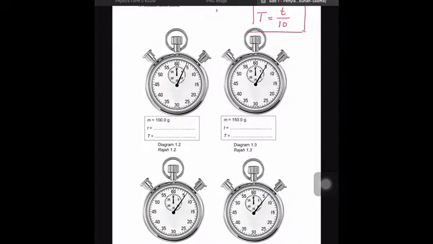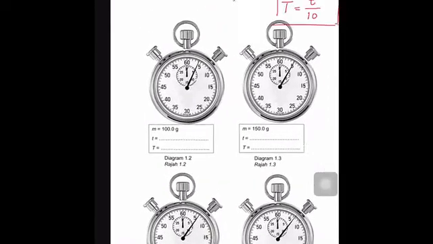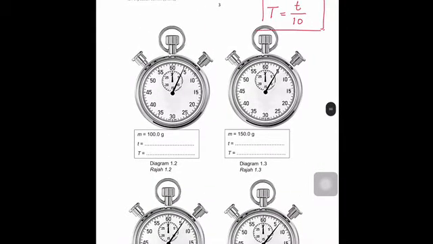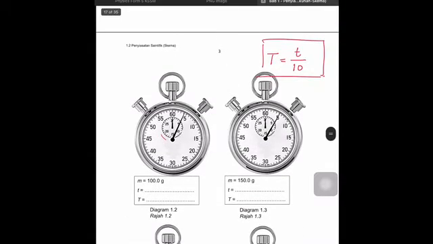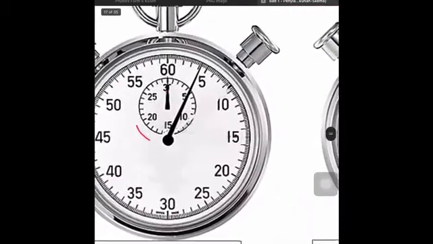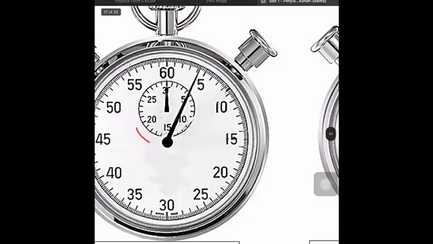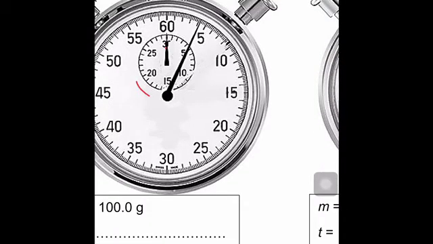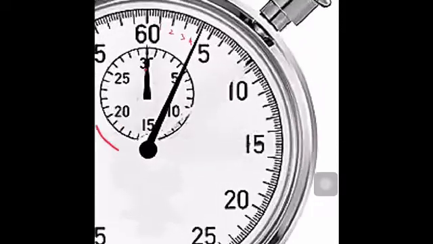For the first 100 gram, you see the small needle in the small circle is at the 0 place, so that means it just started. See clearly. So this is 1, 2, 3, 4, and then you look here.